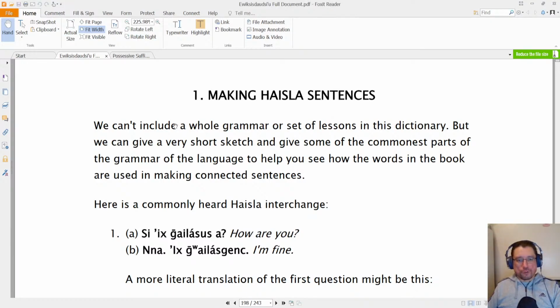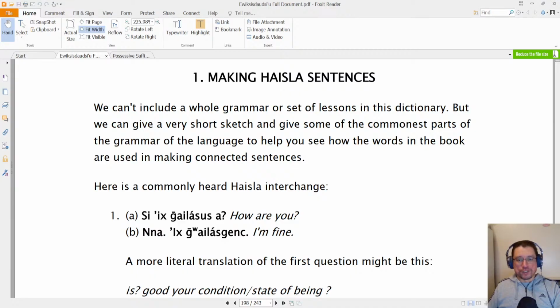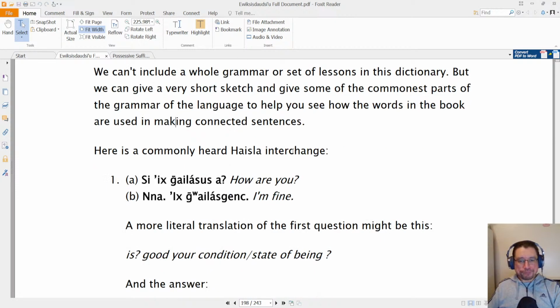And he says here, we can't include a whole grammar or set of lessons in this dictionary, but we can give a very short sketch and give some of the commonest parts of the grammar of the language to help you see how the words in the book are used in making connected sentences. So he says the words in the book, he means this dictionary that we're looking at right now.